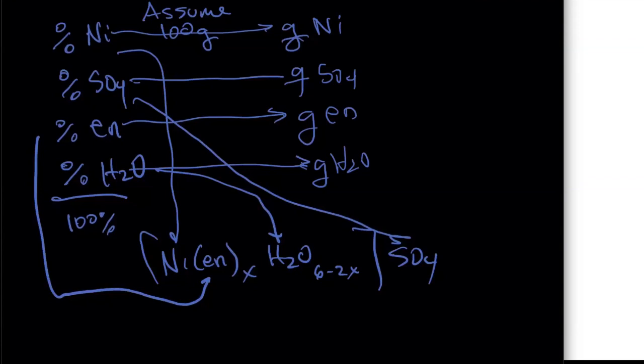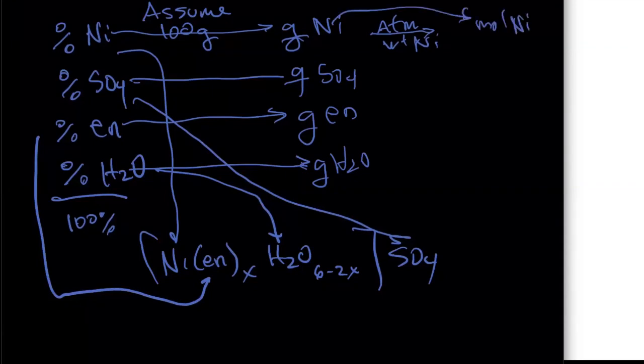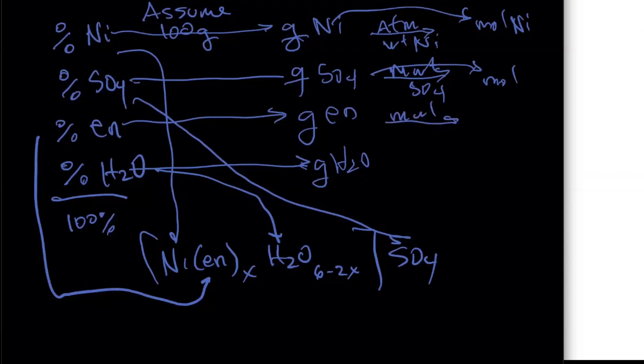Then you use the atomic weight of nickel to convert their grams to moles. Use the molecular weight of sulfate to convert their grams to moles. You use the molecular weight of ethylene diamine to convert their grams to moles.